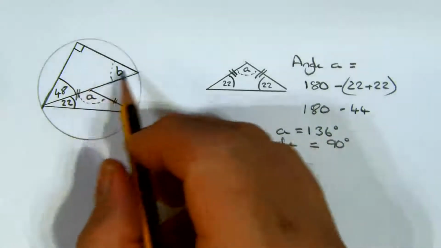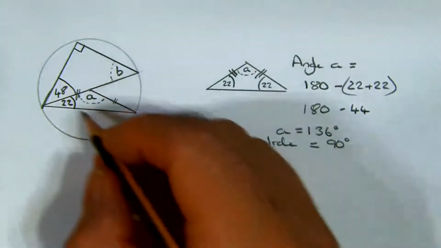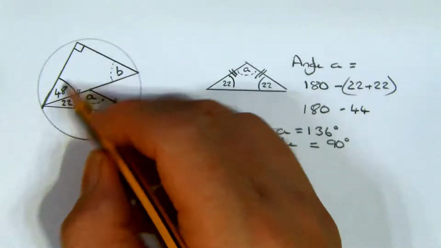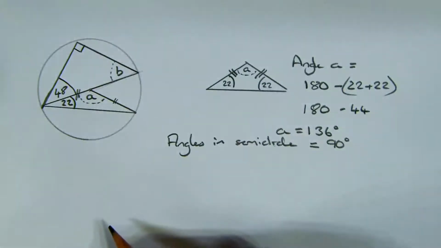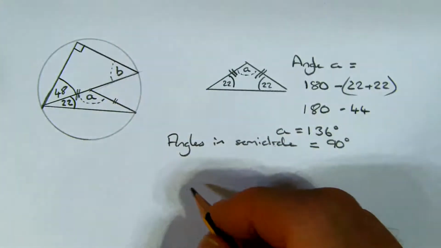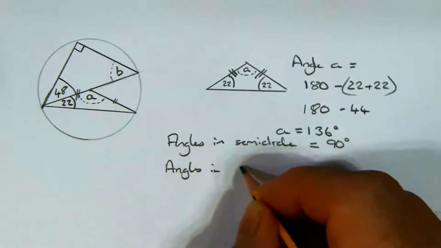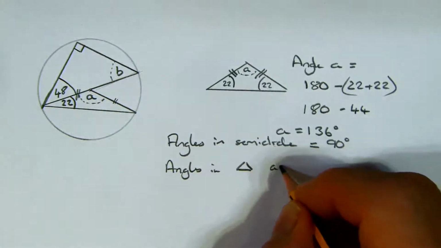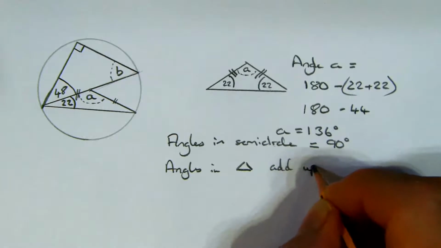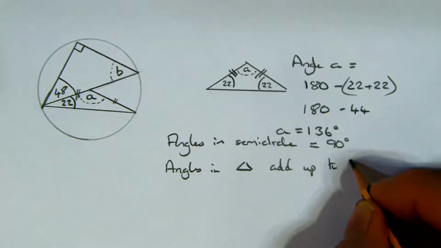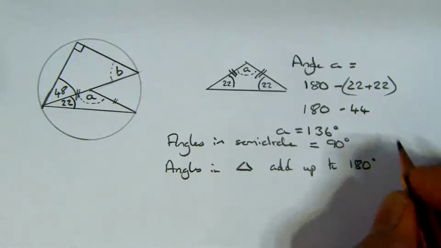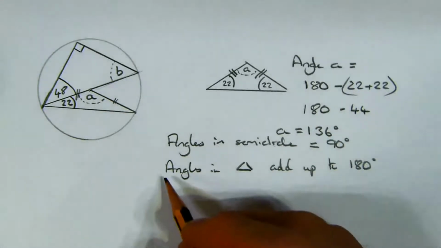It's a right angle. If that's a right angle, then we know two angles of my triangle, so I can work out the third, and we know that the angles in a triangle add up to 180 degrees. Could have put that one in there as well.